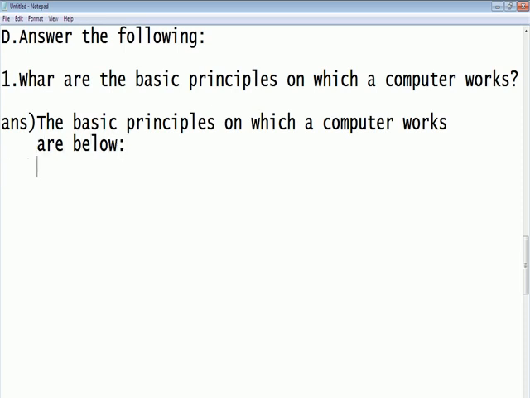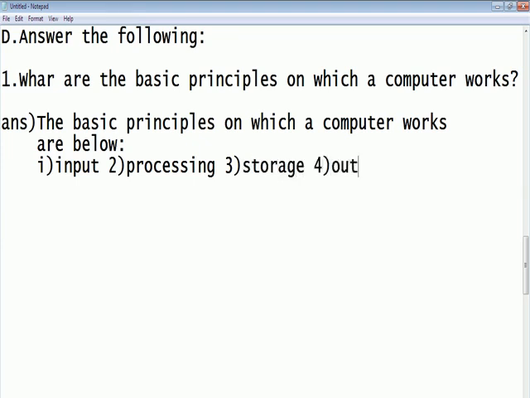First one is input. Second one is processing. Third one is storage. Fourth one is output. These are the four principles on which the computer is working.